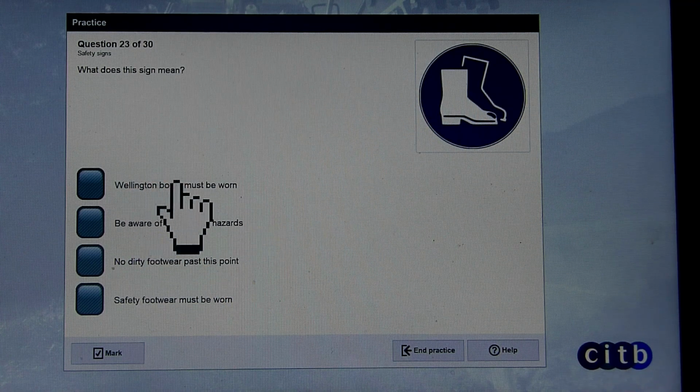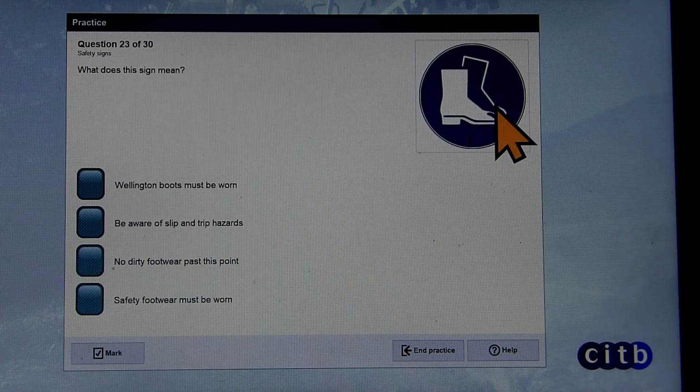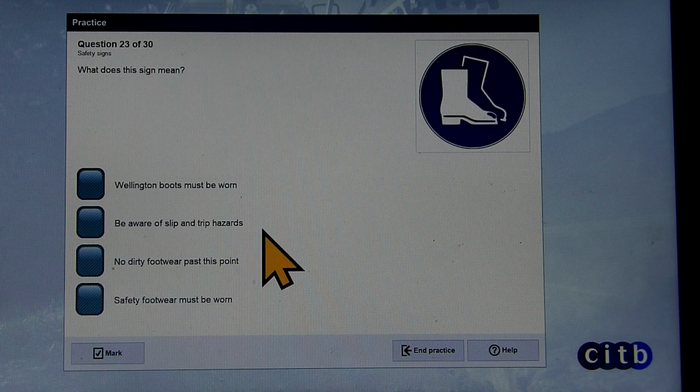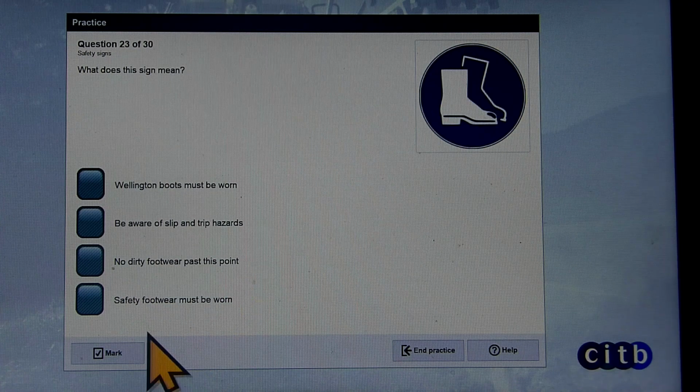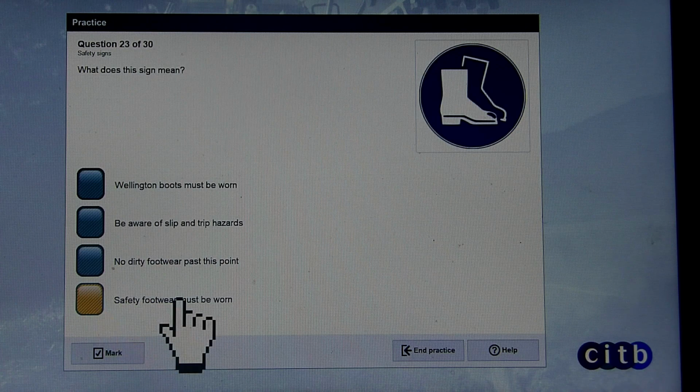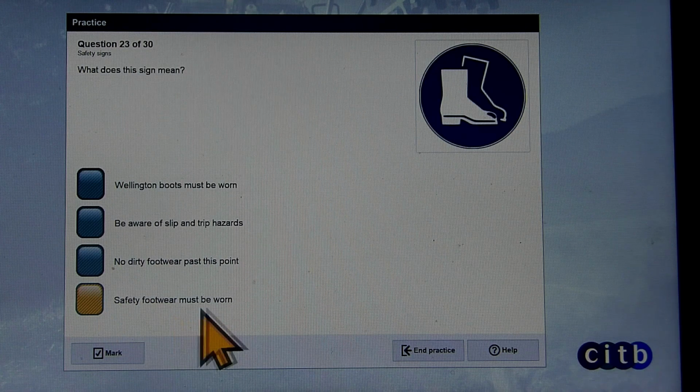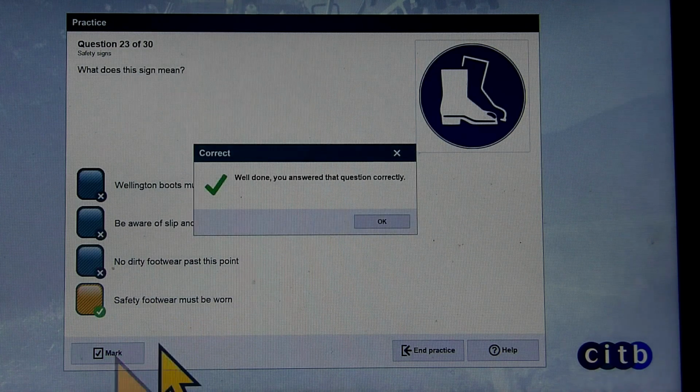It's not about Wellington or other types of shoes, but be aware of slip and trip hazards. No dirty footwear past this point? Safety footwear must be worn.